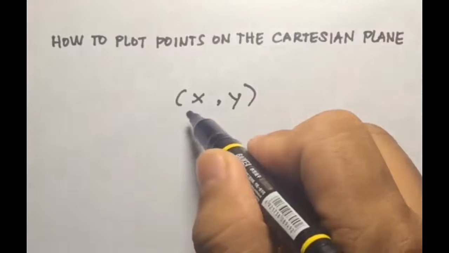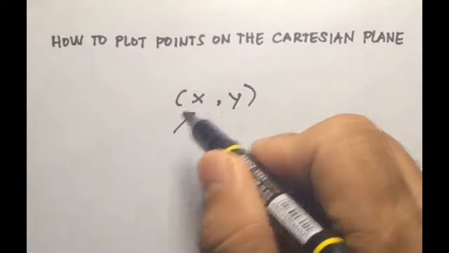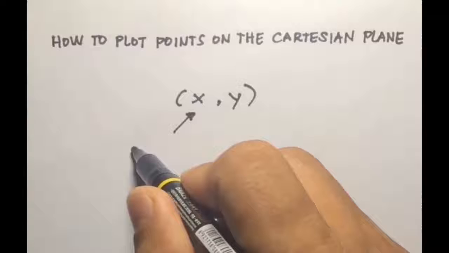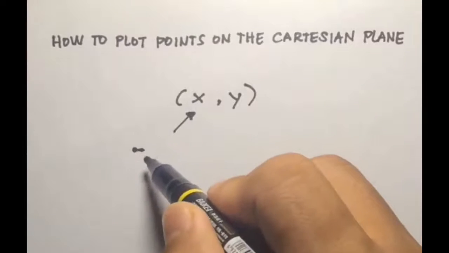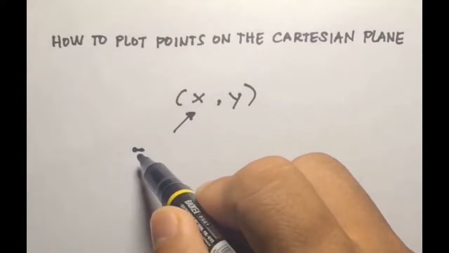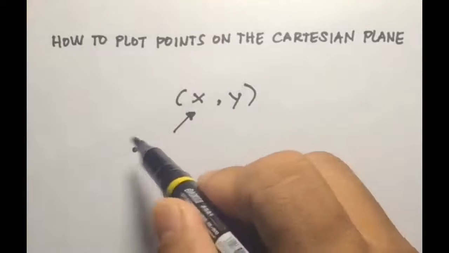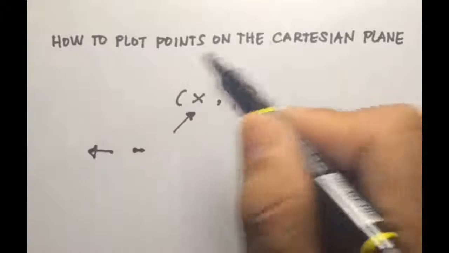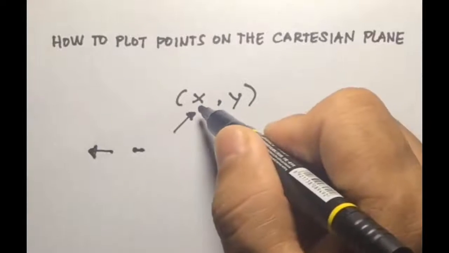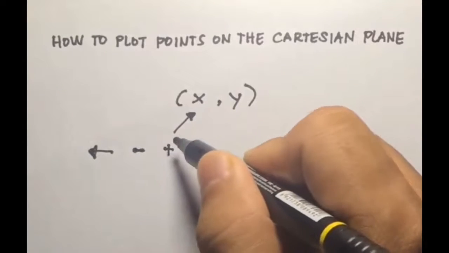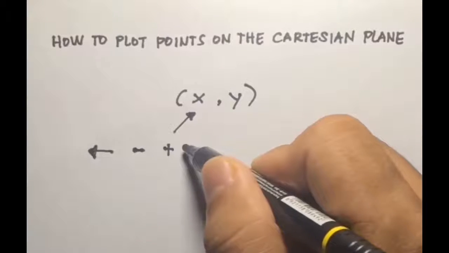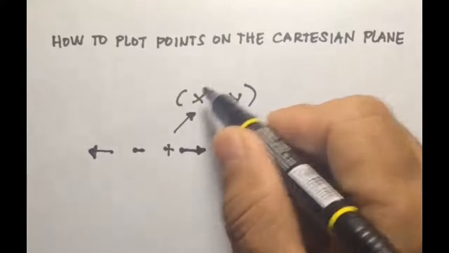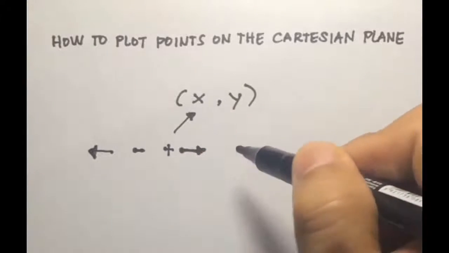If it is negative, then you're going to move starting from 0 towards the left, towards the negative side. Now if x is positive, then from 0 you're going to move towards the right. So x is for the x-axis.